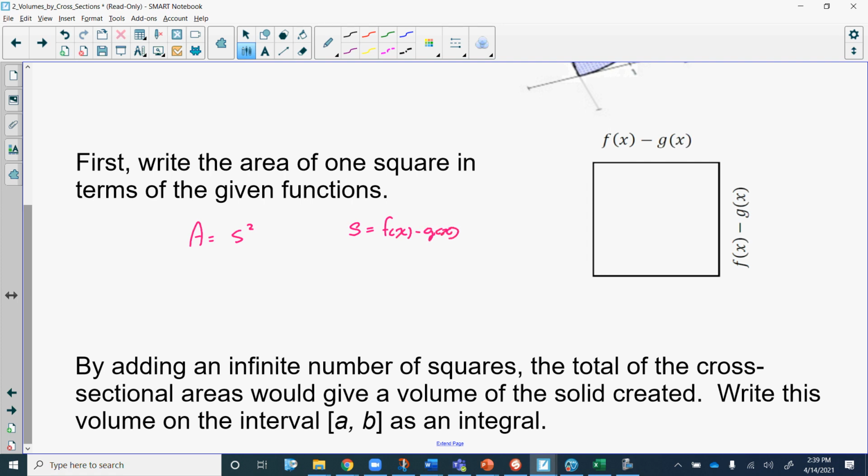So if we were going to write the area in terms of the functions, I would substitute it in for s, and I would say that the area is going to be f of x minus g of x squared.